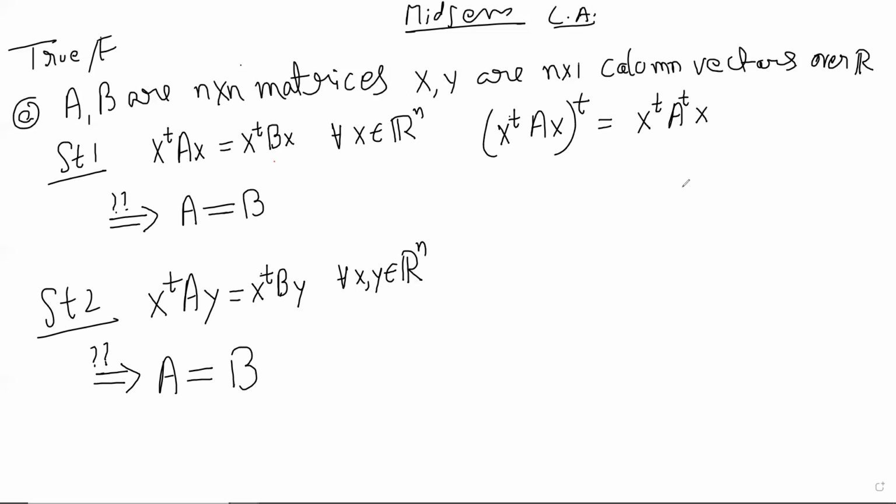Now take B equals A transpose. So I am giving a counter example. X transpose A X equals X transpose A transpose X for all X. So you're saying A transpose also works in place of B. But A equals A transpose is not possible always.